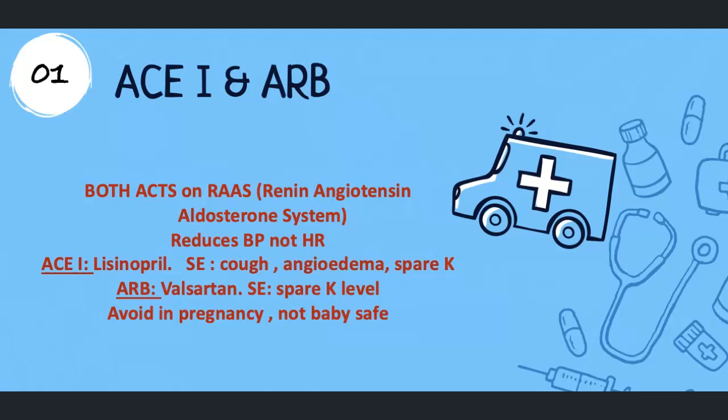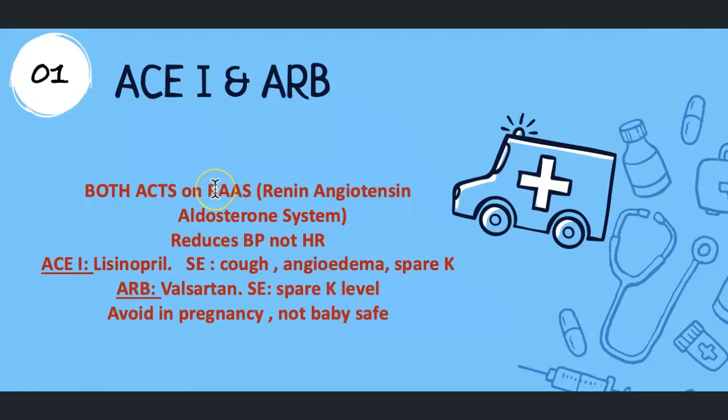So first of all, ACE inhibitors and ARBs. These medications mainly act on the RAS system. What's RAS? RAS is the abbreviation for renin-angiotensin-aldosterone system.